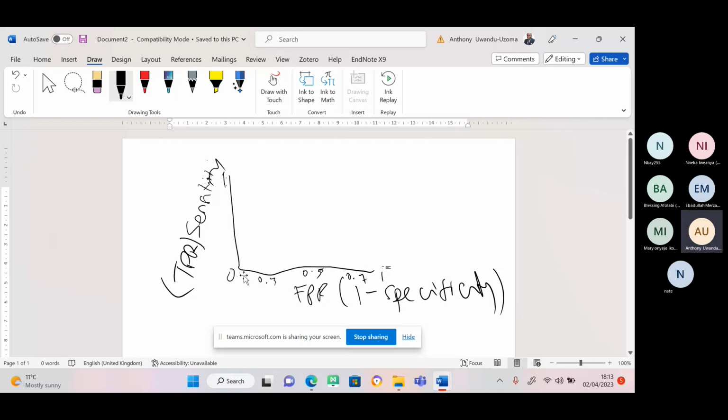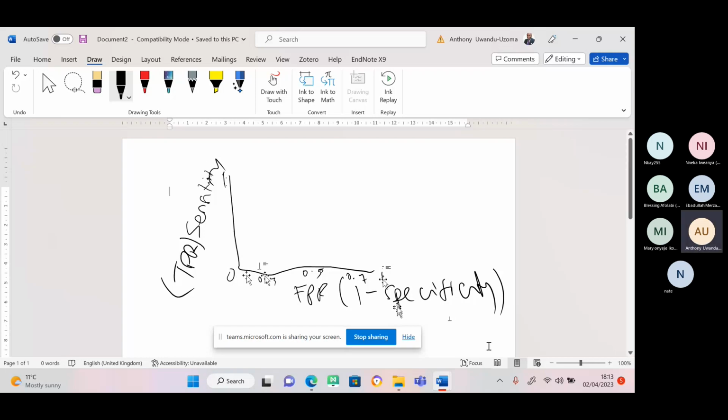And then I tell you to give me where the specificity is 70% on this horizontal axis from 0 to 1, which is the highest. Which number on this axis will be equal to a specificity of 70%?